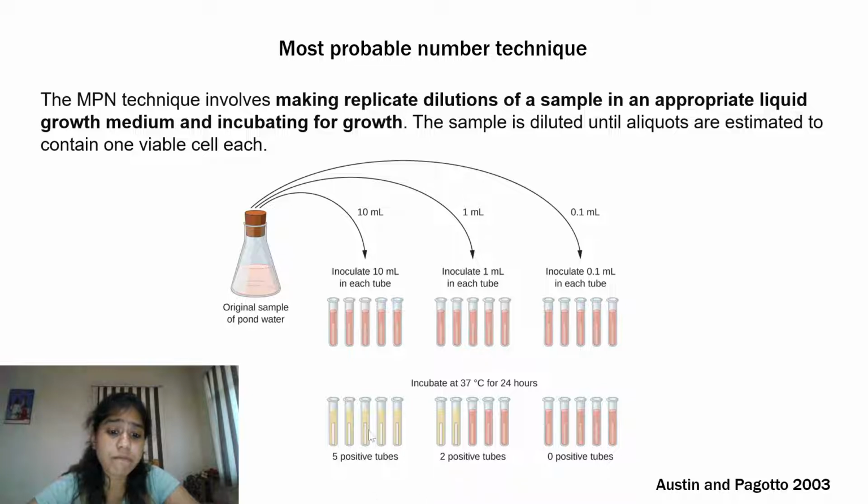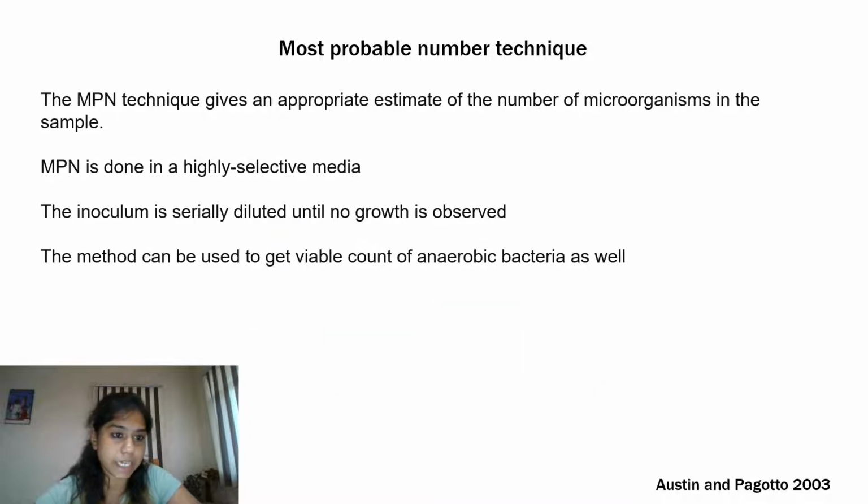So here we incubate them and keep serially diluting them until we see zero positive growth in a particular tube. So we should keep diluting them until we see no growth at all.